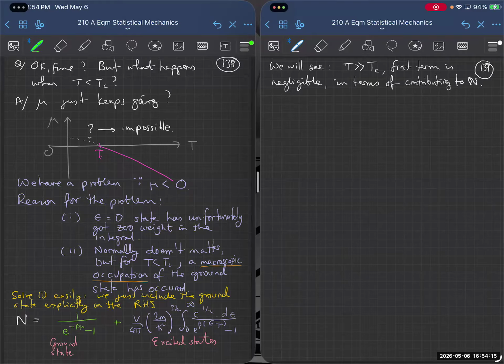Okay, so that's true. And what I'm going to show you is that when T gets less than Tc, the first term is non-negligible, and not only is it non-negligible, but mu is still less than 0, but not exactly equal to 0.